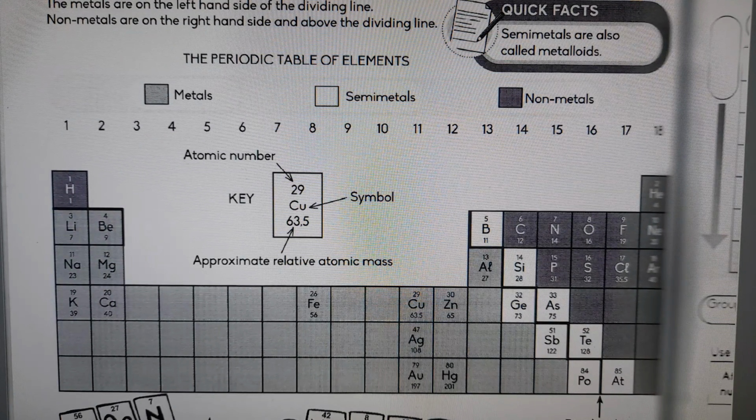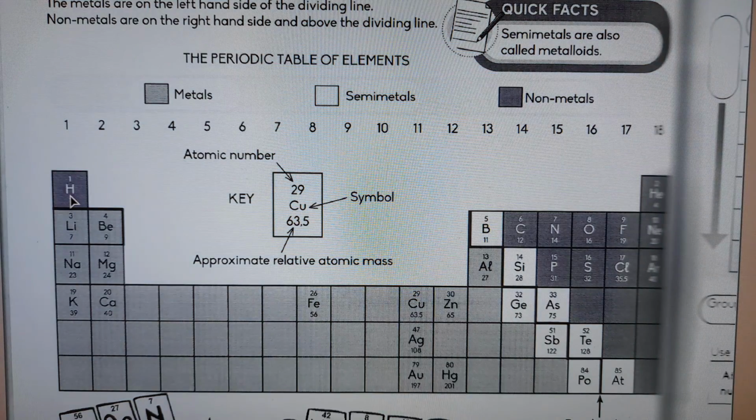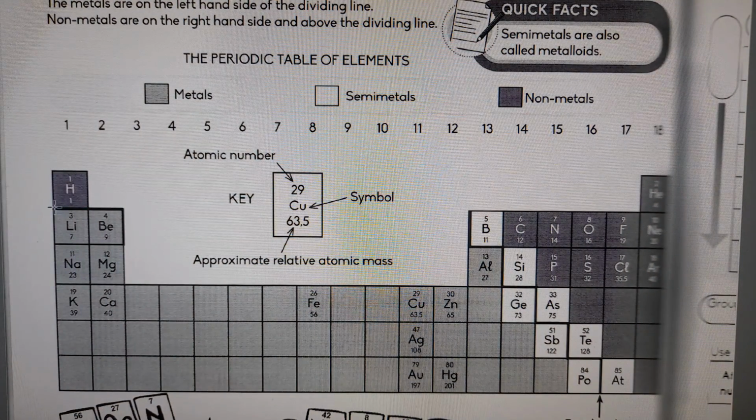They say it has a name. Under the symbol, it will be the name. So this H is the symbol, the name is hydrogen, and the number at the top is the atomic number.